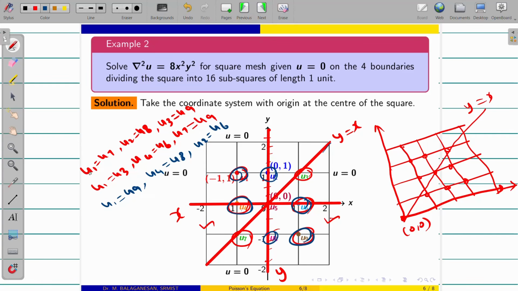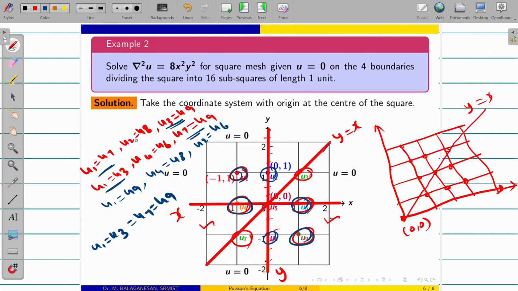Now using all these concepts, what conclusion can we get? u1 equivalent to u3, and u3 is equivalent to u9, but u9 is equivalent to u7, and u7 equivalent to u1. So u1 equivalent to u3, equivalent to u7, equivalent to u9.